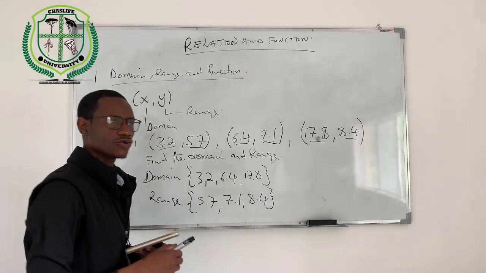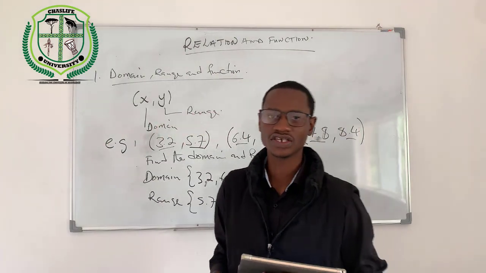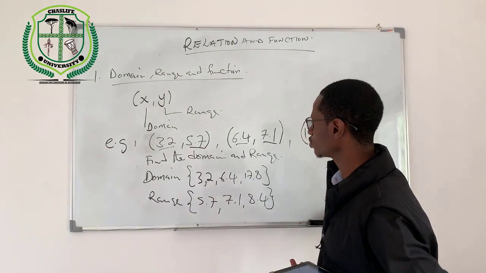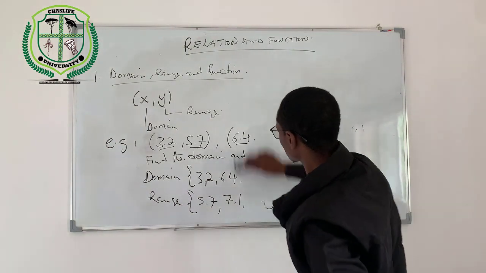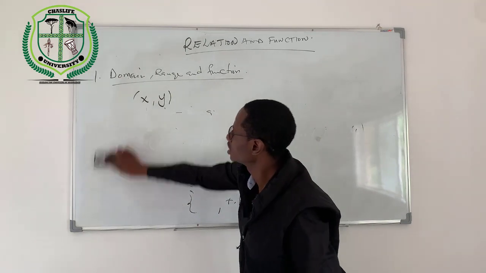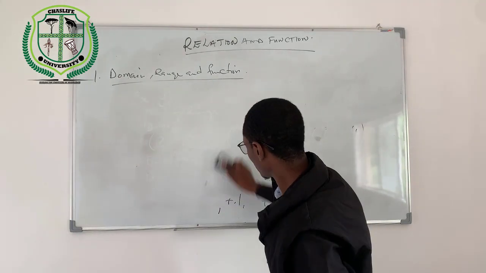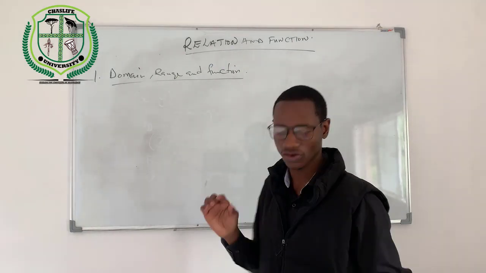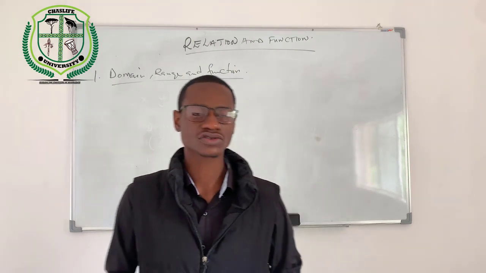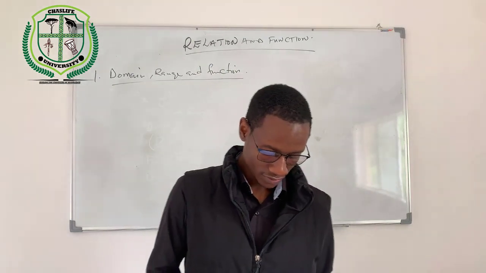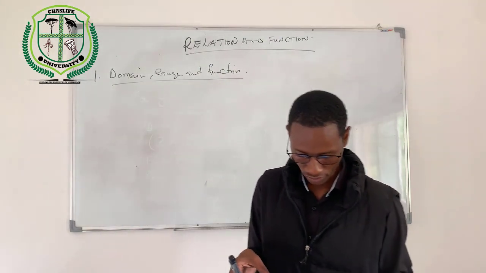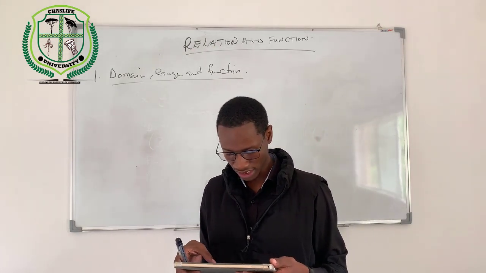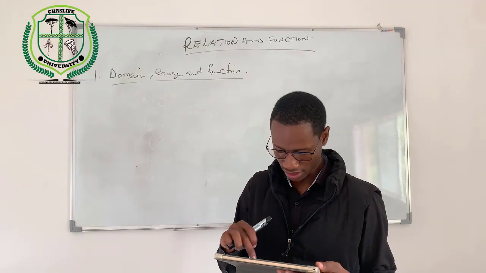You will find this in the quiz, and don't fail it because it's very simple. When you talk about domain and range, these are simple things. The domain is always the first component of the arrangement, so you shouldn't fail to find the domain and the range.